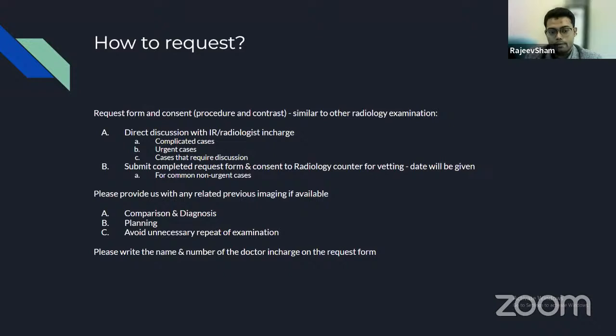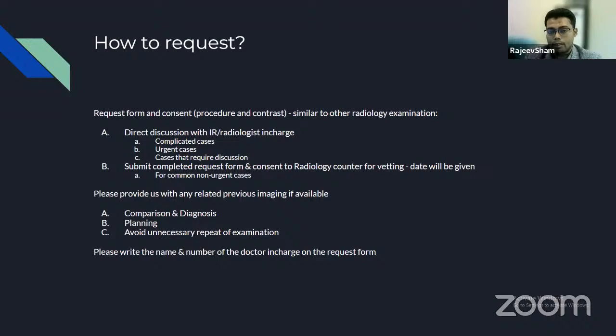Besides that, you also need to provide us with any previous imaging that is available. If the imaging is done in SASMED, there will not be any problem because all the images will be in our system. But sometimes when the patient is referred from another center, we have trouble because the images are not available in the hospital.